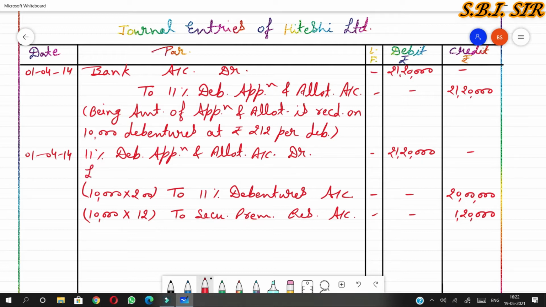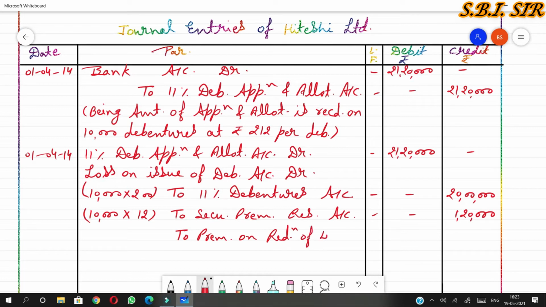Then these amounts are transferred to loss on issue of debenture account debit as well as to premium on redemption of debenture account. So amount will be 10,000 multiplied by 20 means 2 lakh rupees. So in credit side as well as debit side 2 lakh.